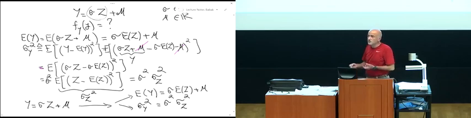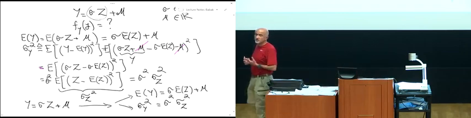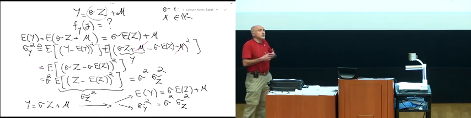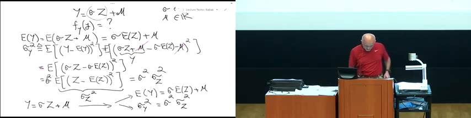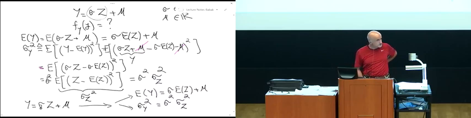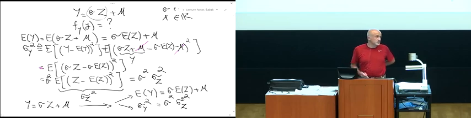Scalar multiples of random variables produce new random variables whose variances scale according to the square of that scalar multiple. So if I'm multiplying z by sigma, the variance is the square of that multiple. That's all you have to remember. Okay?